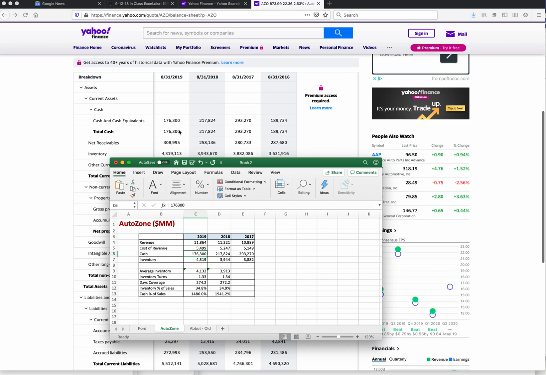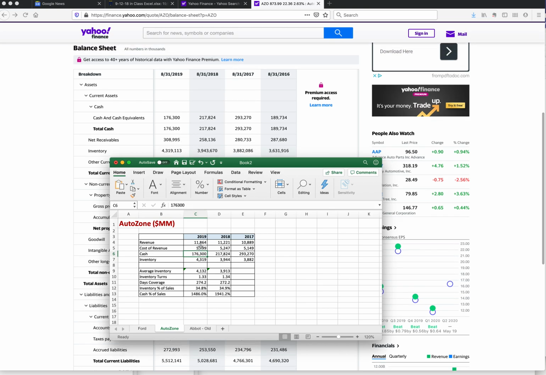So their cash is 176. It couldn't possibly be the case. That's why you have to pay attention and make sure that you're not... 218. And this is 293. All right, now we're talking.